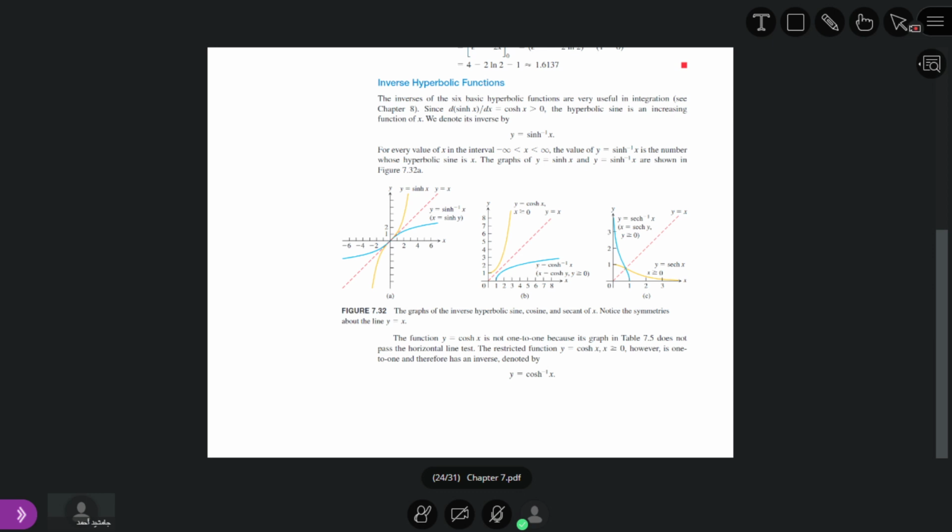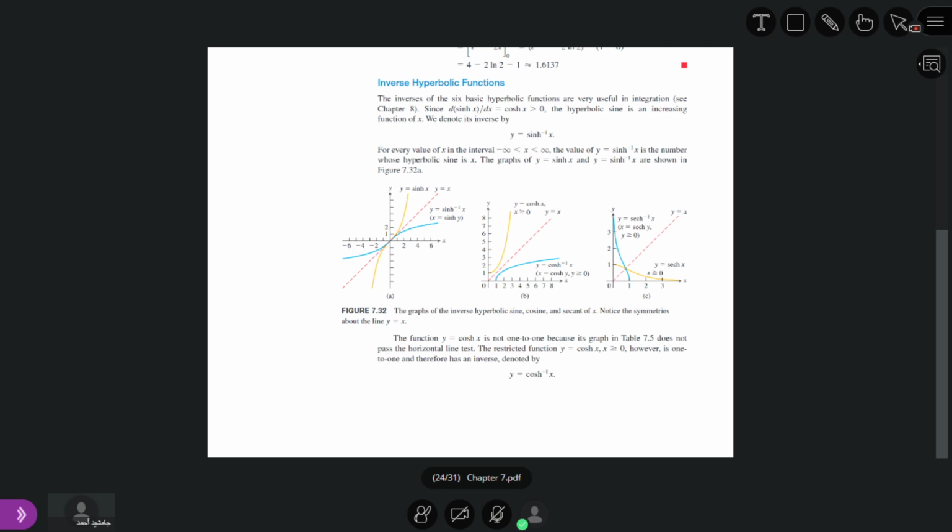This is the second. How can we prove this? Yes, in the same way as we did in the previous one.